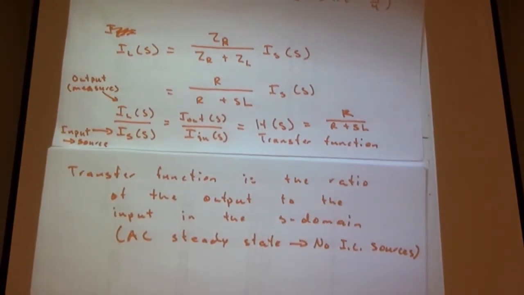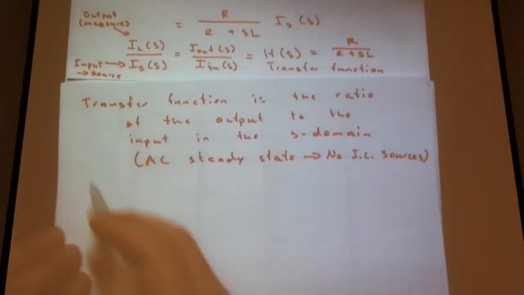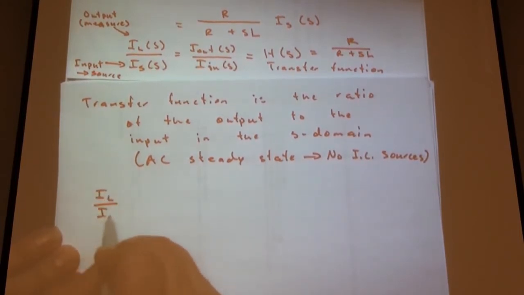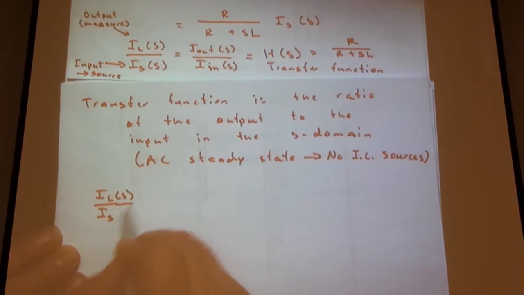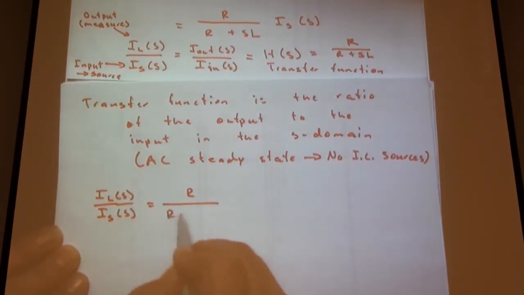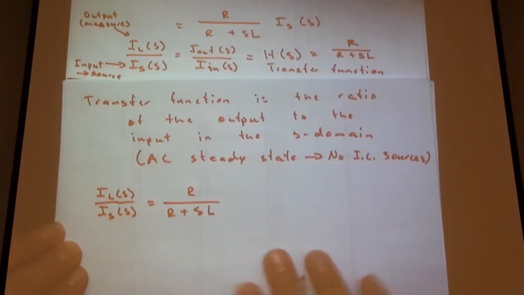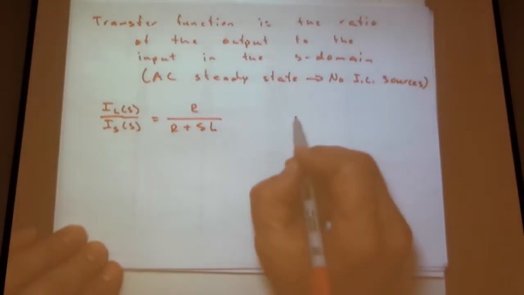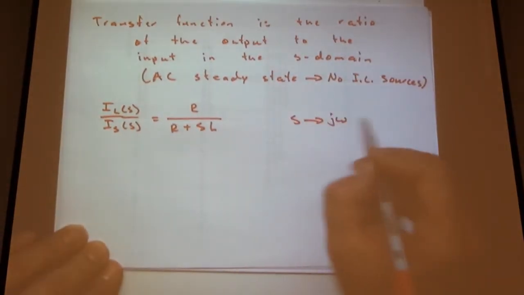Now, looking at this, we can say for this given circuit, IL over I source of S equals R over R plus SL. And if we look at this in terms of behavior, we know S is J omega in our AC steady state.